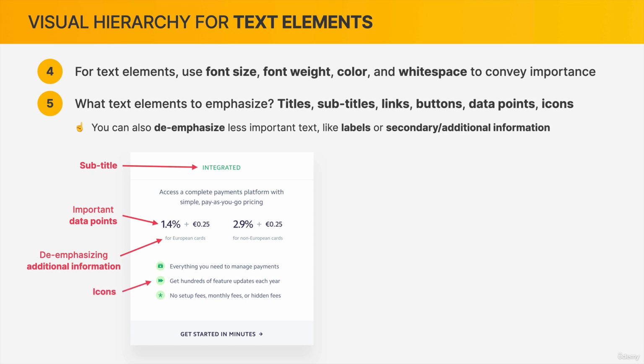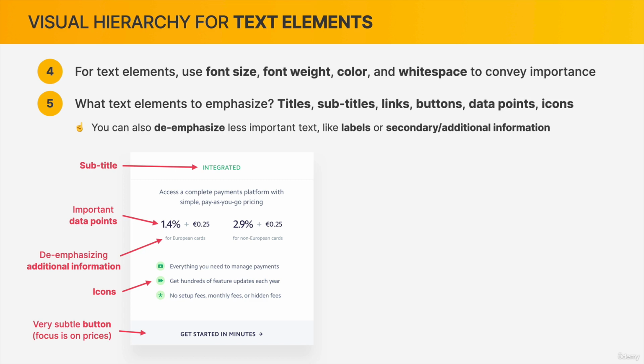Then here, these icons are apparently quite important, which is why they got this nice attention-grabbing color. And then finally, there is this very subtle button. So a button with a very subtle background color. Because if this was, for example, green, like the rest of the text here, then that button would get all the attention. But in this case, apparently, the designers wanted the focus to be on the prices and not on the button.